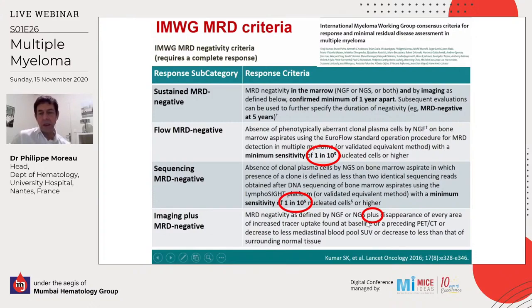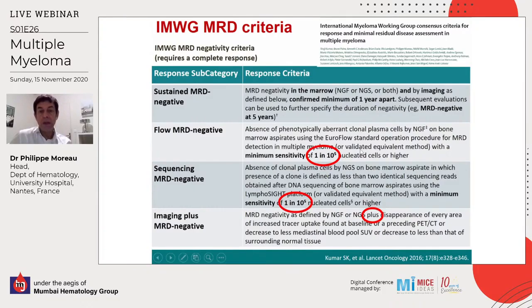Imaging MRD negativity is the assessment of MRD negativity within the bone marrow, defined by next generation flow or NGS, plus the disappearance of the uptake on the previous PET-CT.